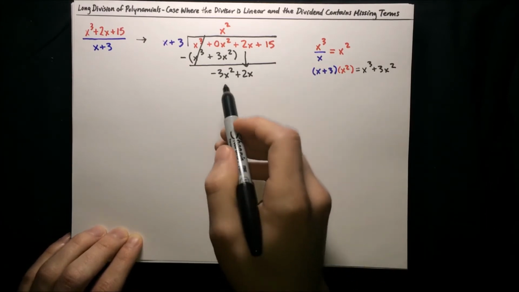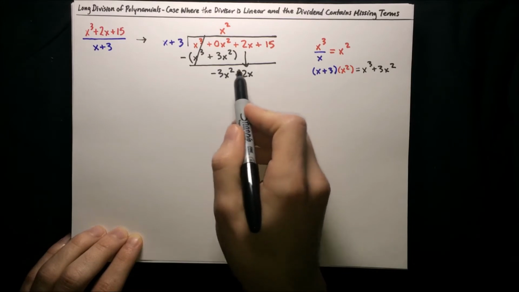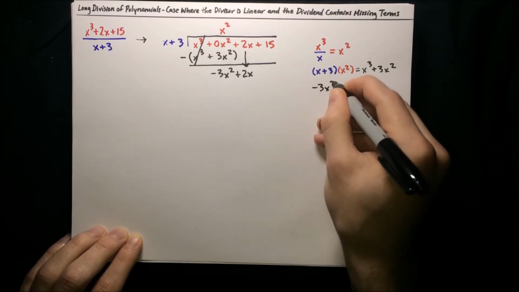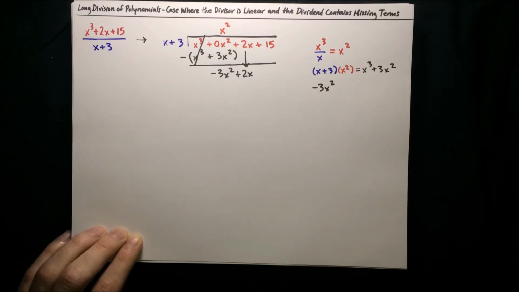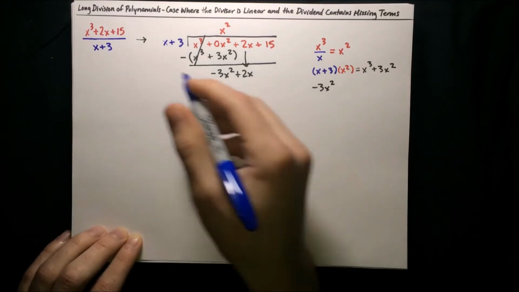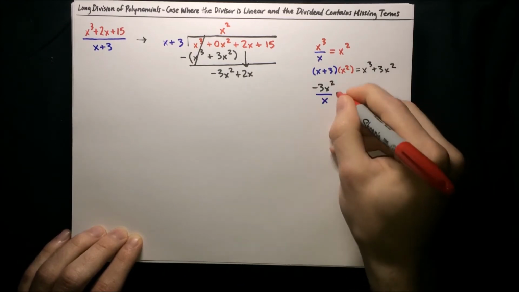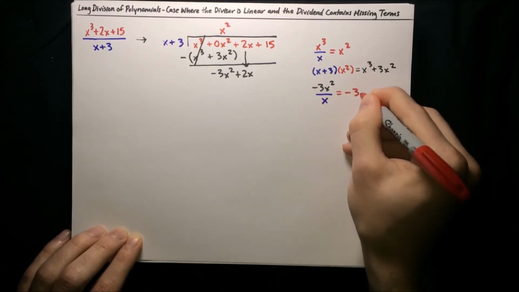So this time we need the highest degree term of this row, which is negative 3x squared, and then we have to divide that by the highest degree term in the divisor, which is still just x, and when we do that, we get a result of negative 3x.